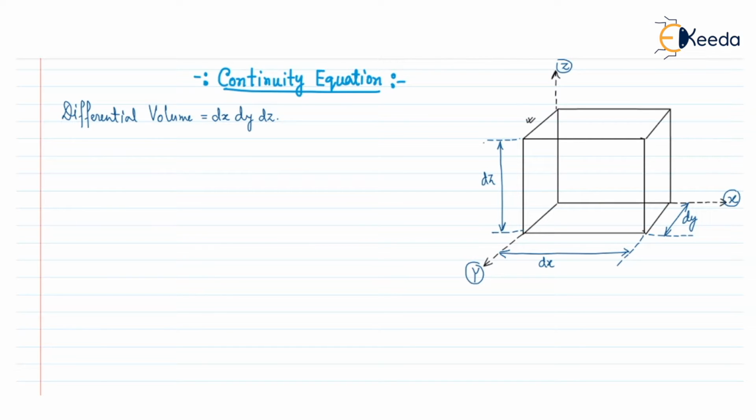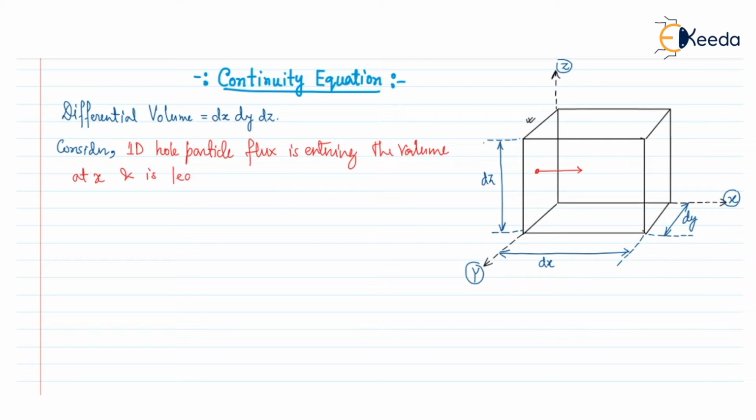Now let us consider that a one-dimensional hole particle flux is entering the volume at x and is leaving the volume at x plus dx.